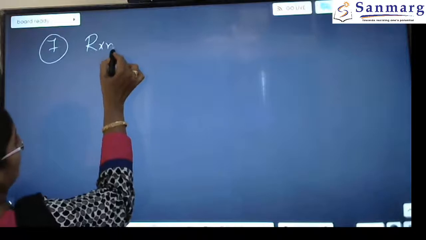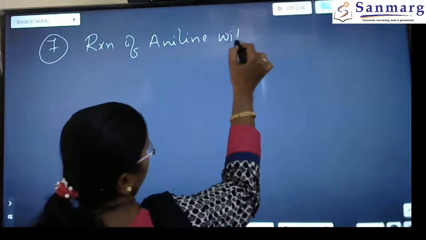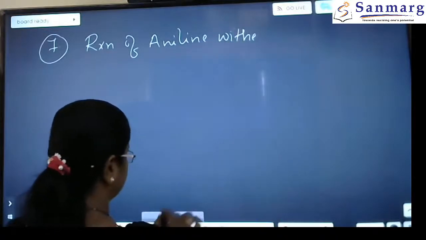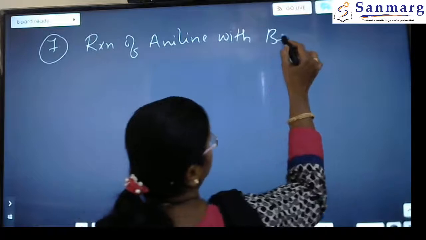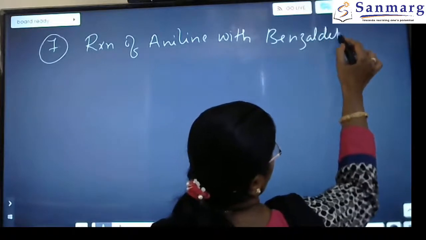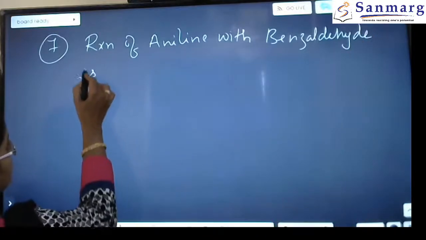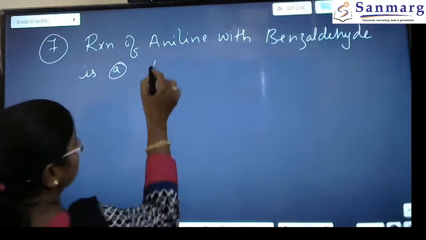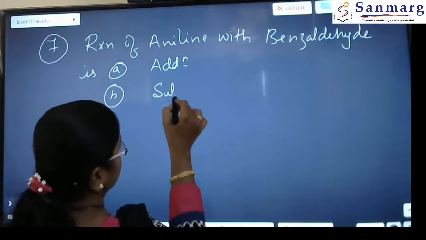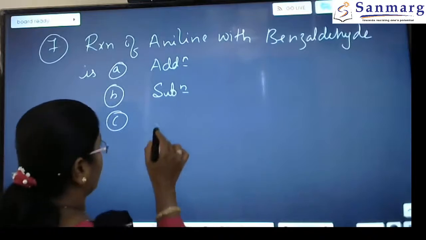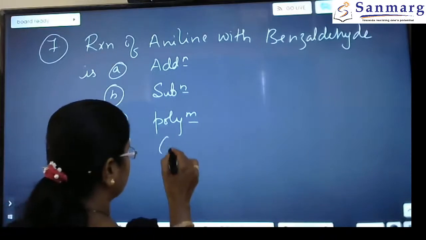Reaction of aniline with benzaldehyde is: A, addition reaction; B, substitution reaction; C, polymerization reaction; D, condensation reaction.